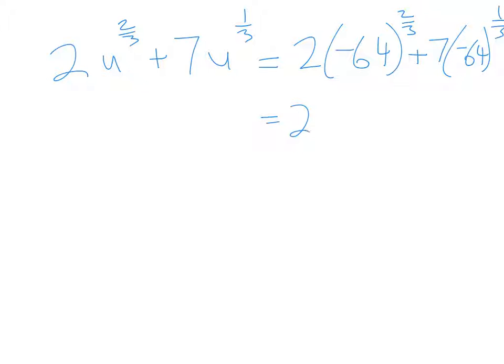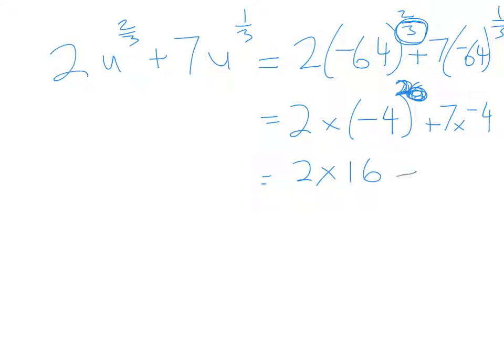This is 2 times, well, the cube root of negative 64 is negative 4. So it's going to be that plus 7 times negative 4. Now, I don't know why they'll put 16 up there. If you're sitting there watching wondering what she's done, I've made a mistake. There we go. So that's 2 times 16 minus 28, which is indeed 4.